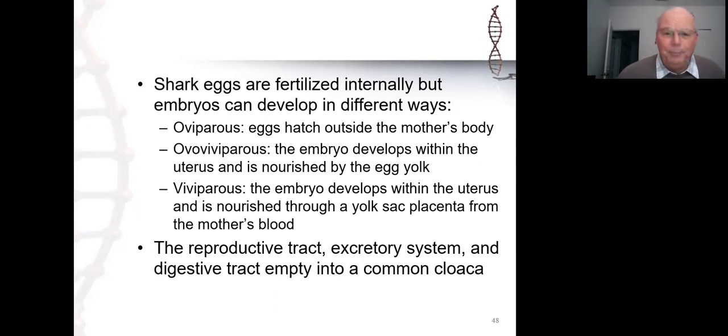And then you have viviparous, which is a situation where the embryo not only gets nutrition from yolk, but also from a placenta-like structure that gets nourishment from the mother's body system. And this is the situation in the case of the great white sharks. And this is the reason why pregnant female sharks are particularly voracious predators, because they are supporting their young.